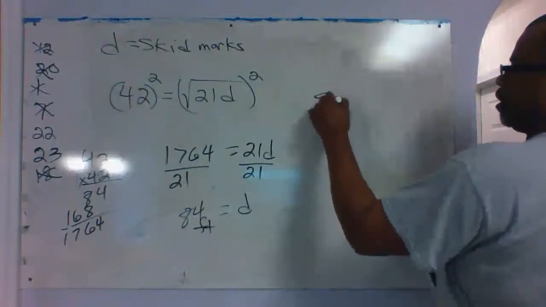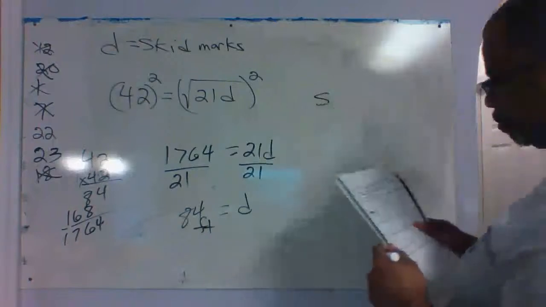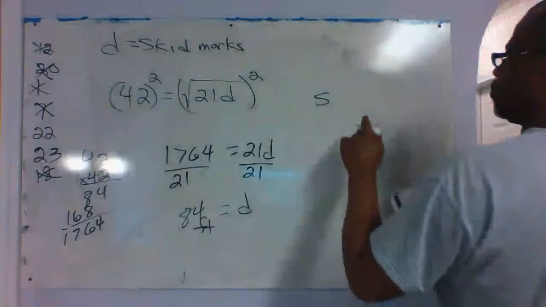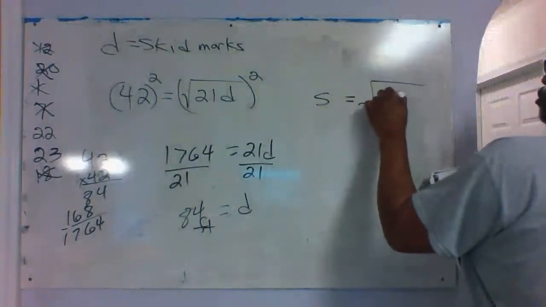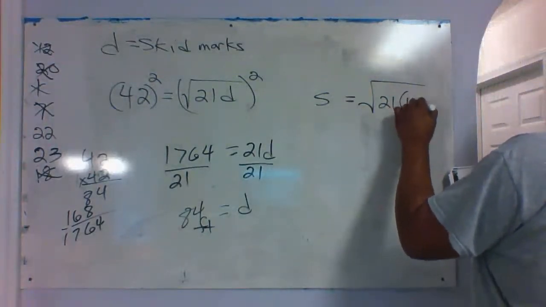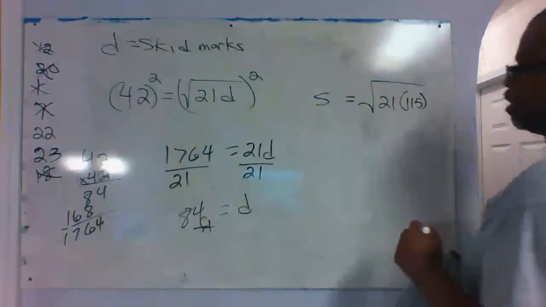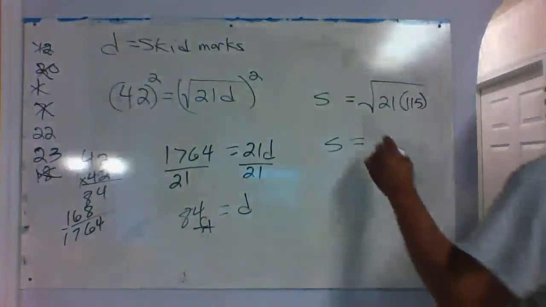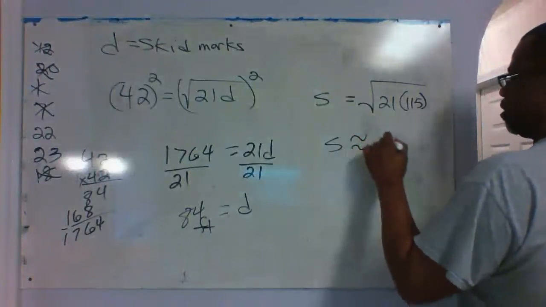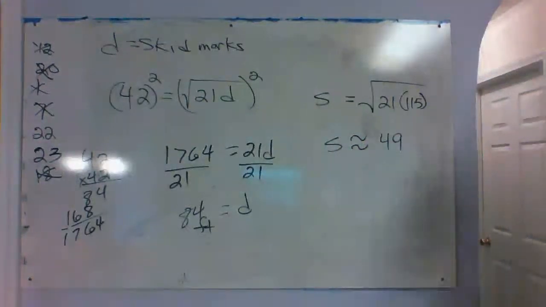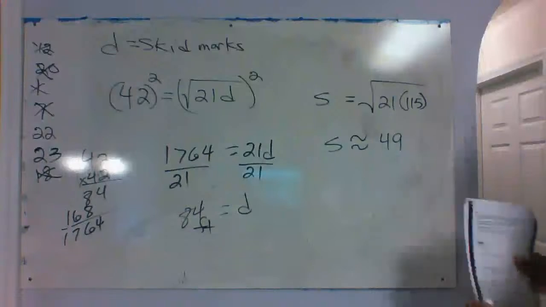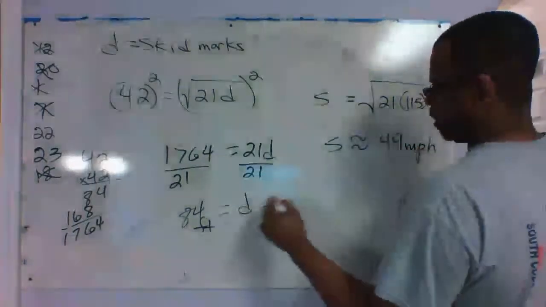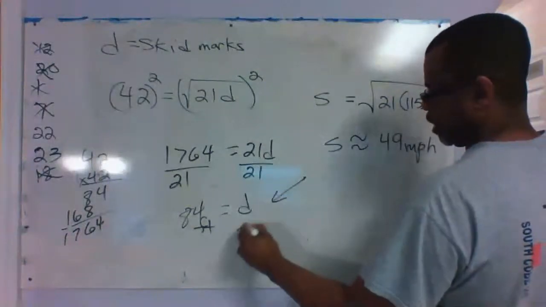If you want the skip marks, you want to do 21 times 115, because 115 are your skip marks. When you do that, you're going to get approximately 49 miles per hour. So this here is inaccurate.